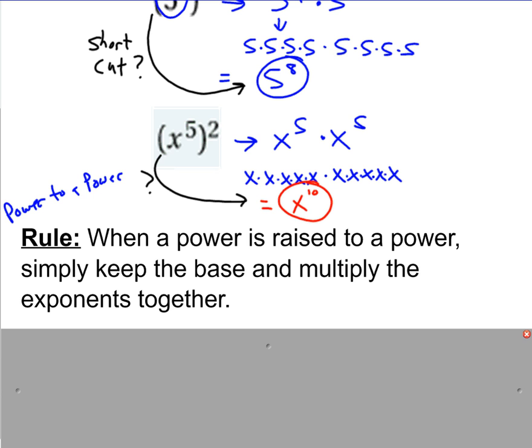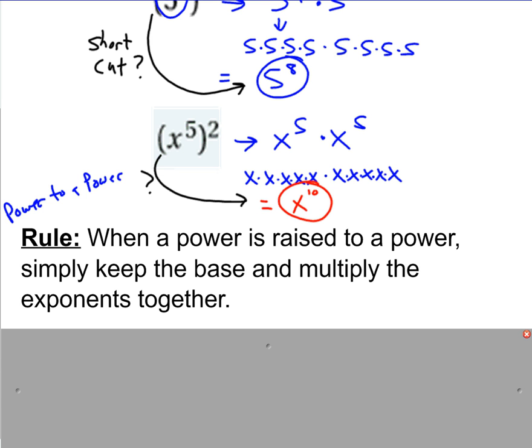Might be worth writing down, but when a power is raised to a power, like we had in those 2 examples, simply keep the base and multiply the exponents together. So last time, when you had 2 different powers multiplied together, you added the exponents. Now when we have a power raised to a power, you multiply them together. That's the power to a power rule.